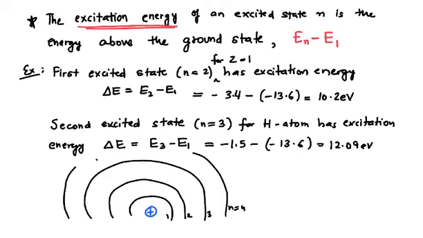Suppose we excite an atom by radiation falling on it, then the electron can actually absorb that energy and jump to a higher level. For example, if the electron is here and it takes the energy, it can jump to a higher state, and so on. We will look at those more later.